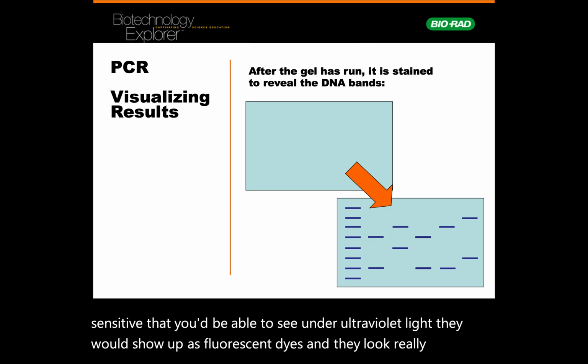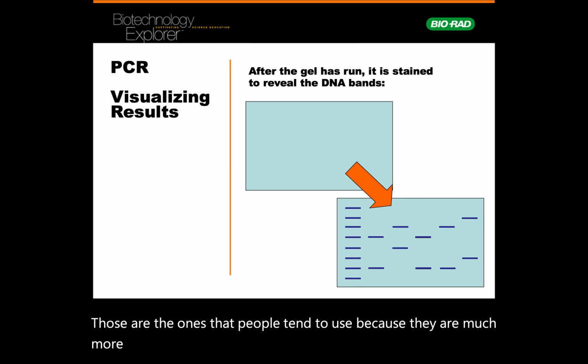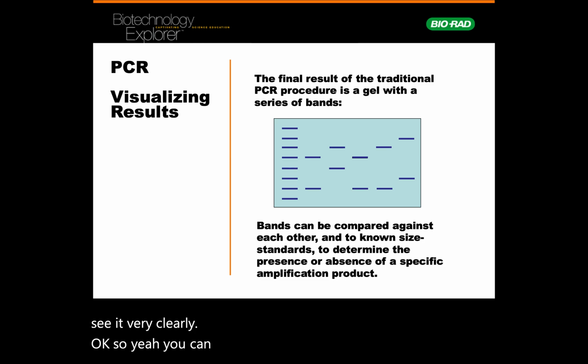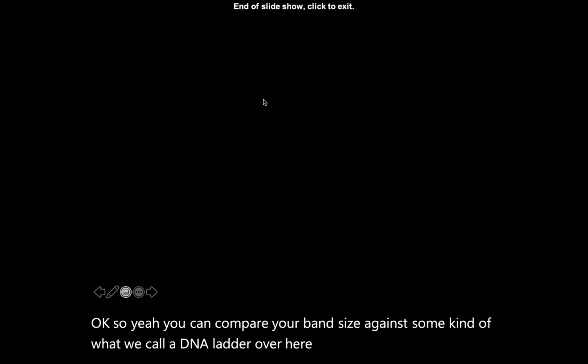Those are the ones that people tend to use because they are much more sensitive. You can see smaller amounts of DNA, and you can see it very clearly. Okay, and so you can compare your band size against what we call a DNA ladder over here, which has all the different sizes on it.